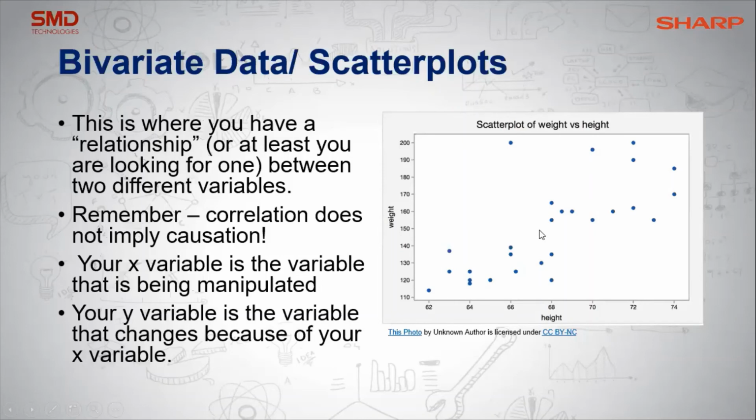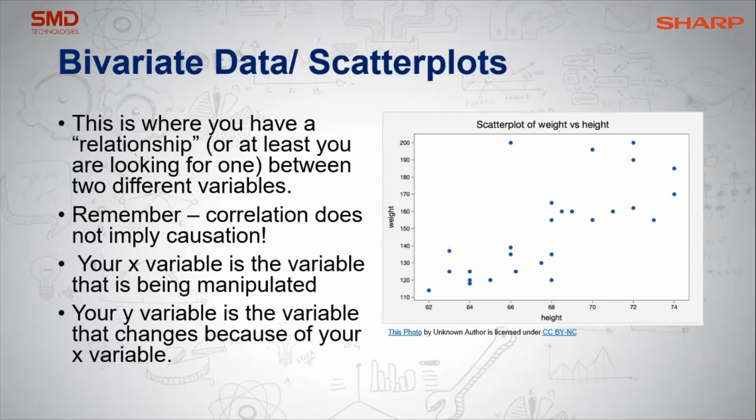Yes, there might be some relationship to it because taller people might have heavier bones and more bone, so they might be slightly heavier. But you can have very short people, like over here, who are quite heavy as well. So you cannot imply that your height is the cause of your weight, when you cannot imply that the weight is the cause of your height.